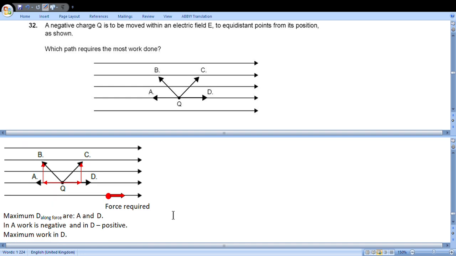So the greater magnitude of distance along the force is for A and D, but because it is a negative charge, the force required should be to the right. This is why for D we have positive work, and for A we have maximum magnitude of negative work. So we choose D.